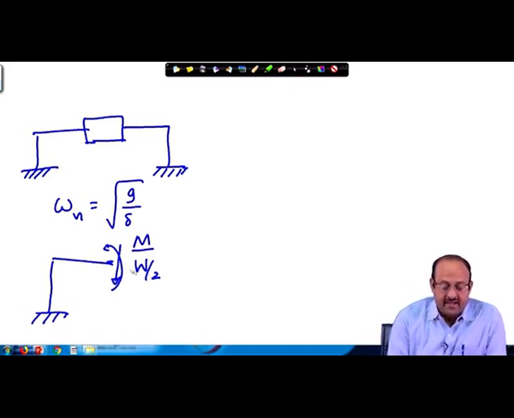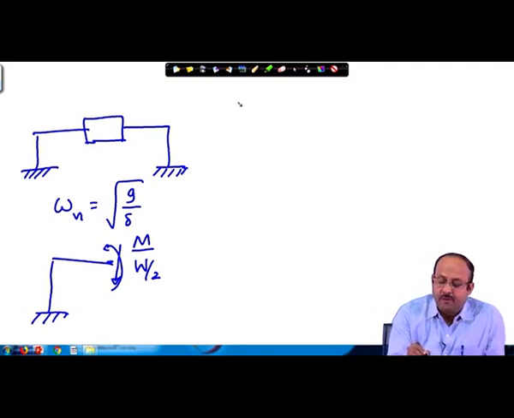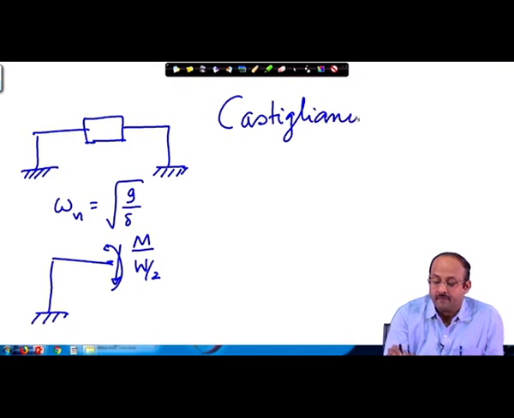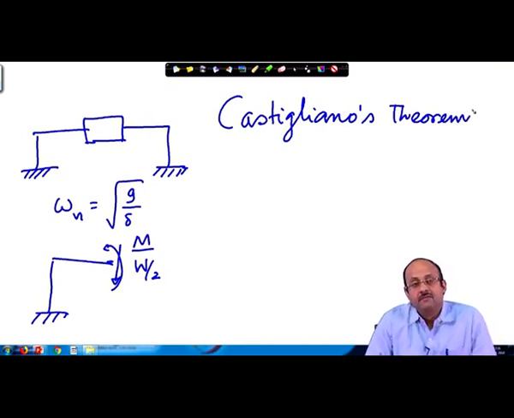Now, to get that, we again use the principle of elasticity, and there is one important theorem known as Castigliano's theorem, which is a very useful theorem in finding out the displacement or the deformation of a structure, knowing its strain energy.